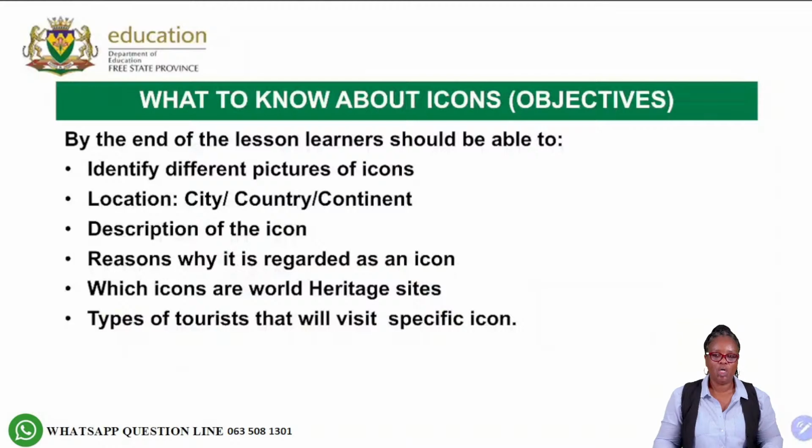You'll also be able to know the location. When you talk about the location, you need to remember 3 things: you must know the city, the country, and the continent. Those are the 3 that will determine the location of the icon. It's 3 marks.